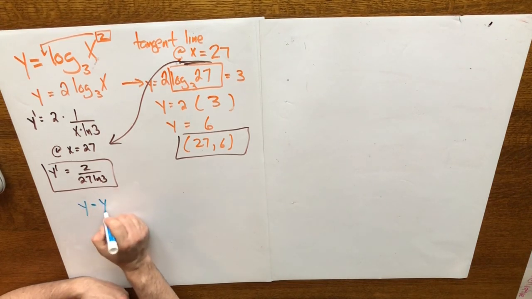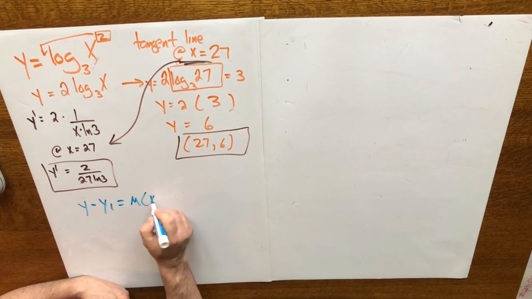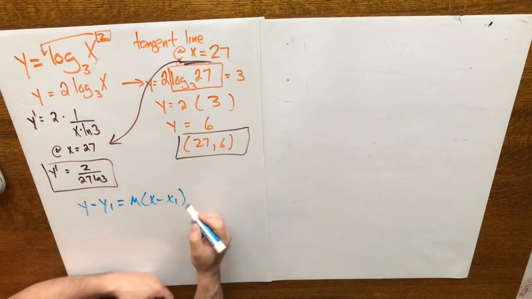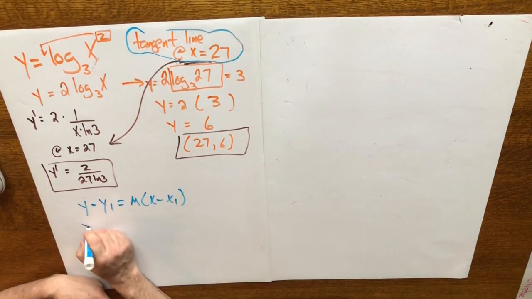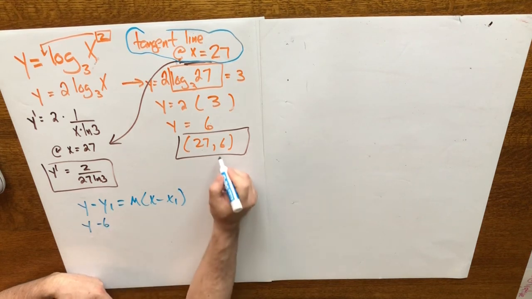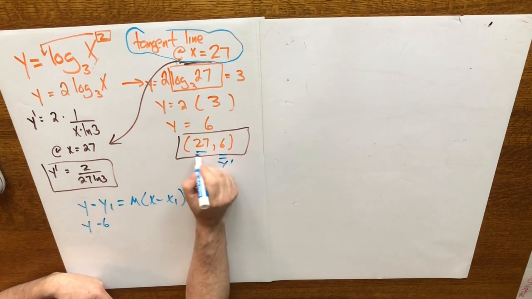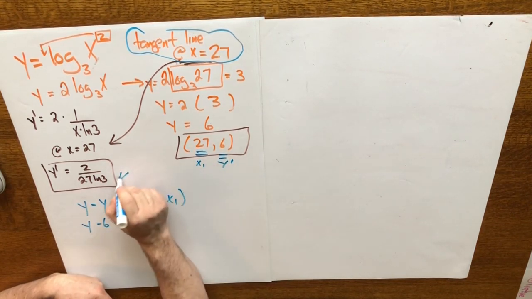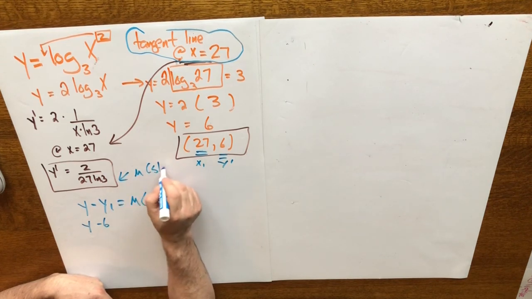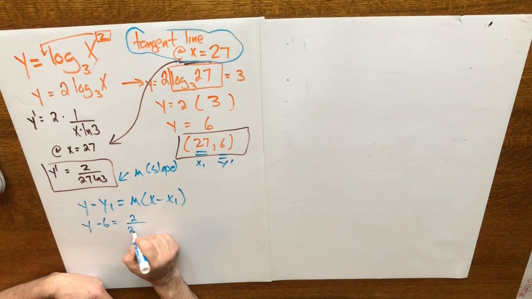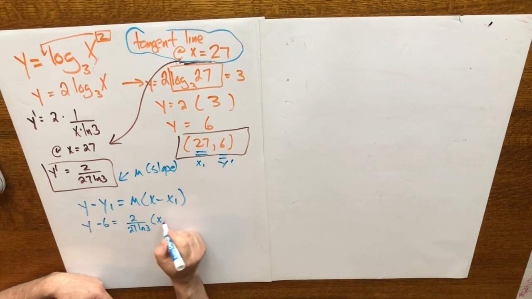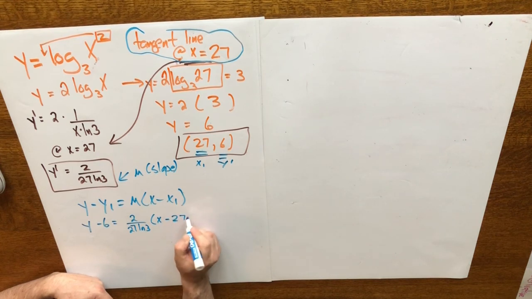Y minus y1 equals m times x minus x1. Using this formula, we can find the equation of the tangent line at this particular point. So y minus 6, that's y1, x1, and m, the slope, equals 2 over 27 ln 3 times x minus 27.